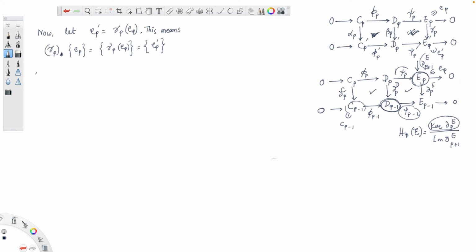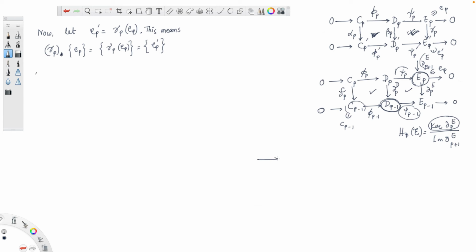So there were two exact homology sequences that were connected by exact homology sequences.